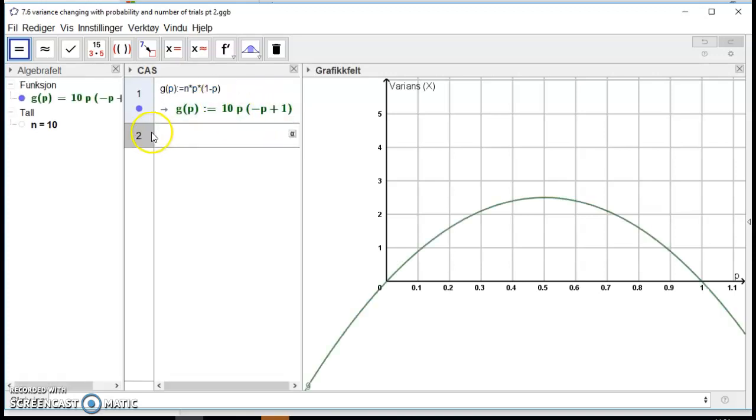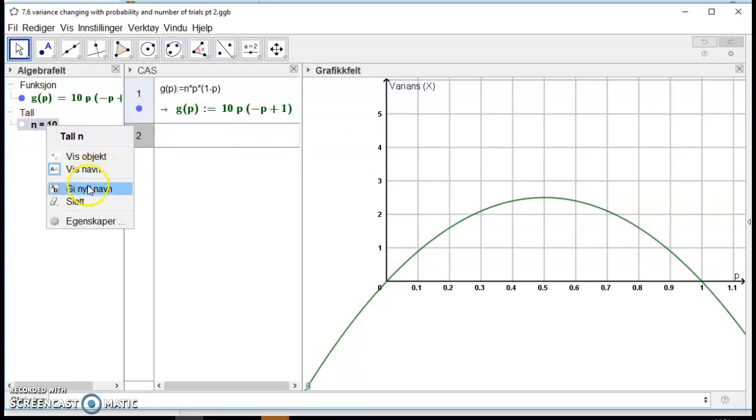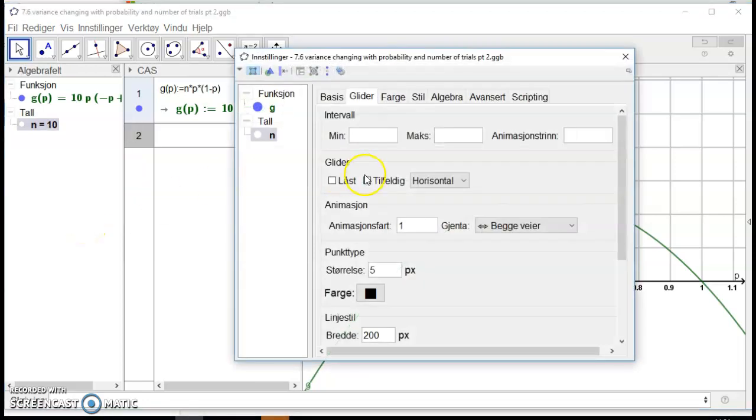Okay, this looks a little bit different, right? We could set up a glider for the n here as well. So n changes between, well, we have the number of trials, right?